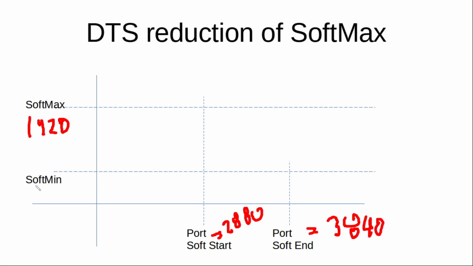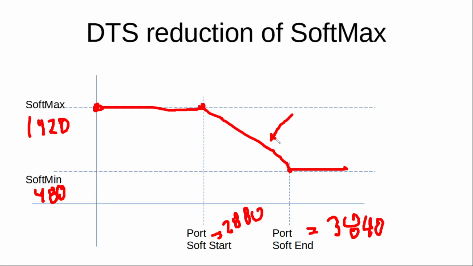And SOFTMIN is a value provided by default. You can also influence this value. It is also calculated using a formula that we haven't seen yet, but let's say that we have this value. So with these points, we can calculate a line. So DTS is going to use this step.